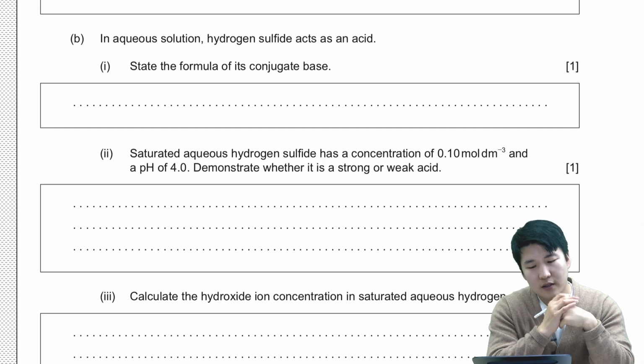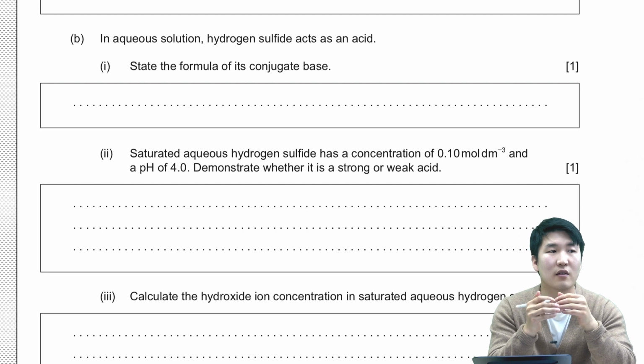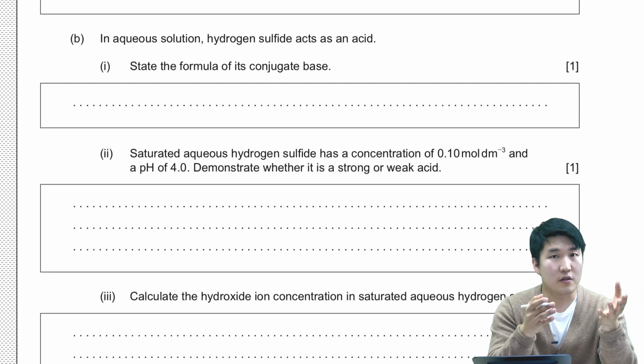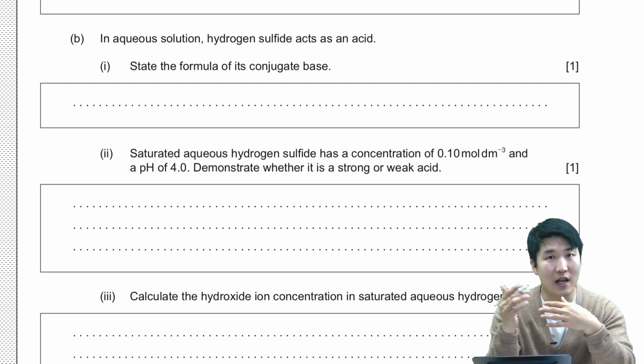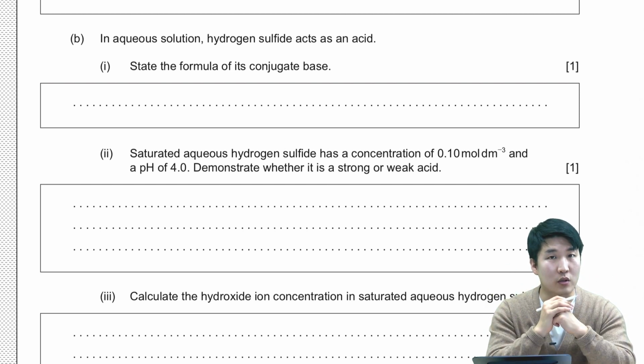Hydrogen sulfide can act as an acid. That's understandable. Why? Because we have hydrogens which can dissociate as protons, and giving away protons is what acids do.